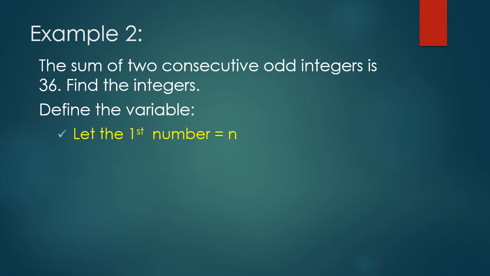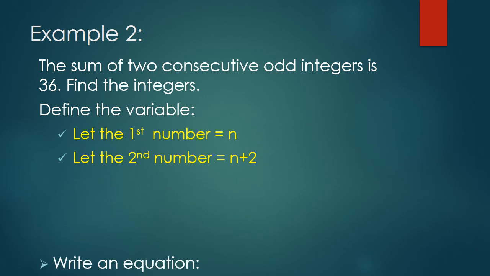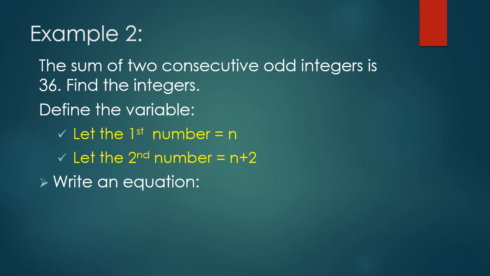So I'm going to make my first number n, and my second number is going to be n plus 2, since I'm looking for the consecutive odd integer. And every time we're looking for the consecutive odd integer, we need to add 2 to the variable or the number. Now the next step is to write our equation, and that will help us translate this word problem into a mathematical expression or an equation.